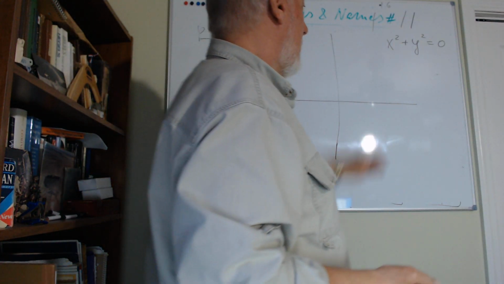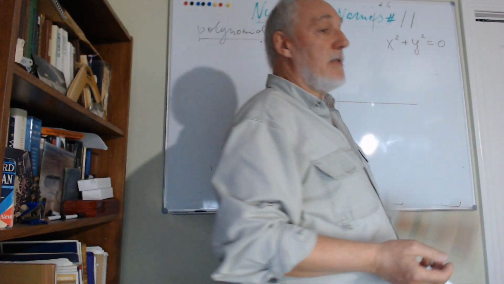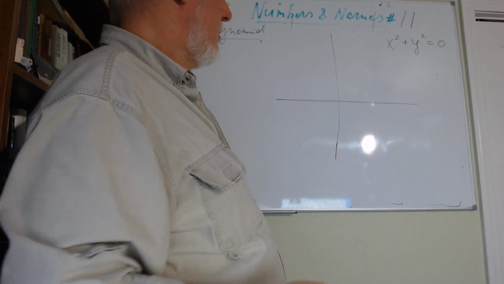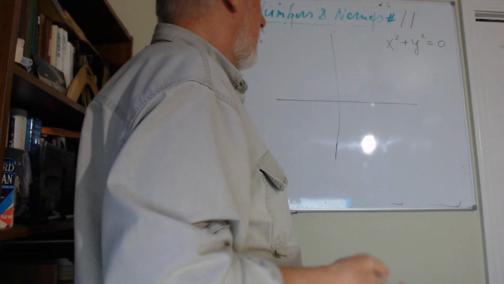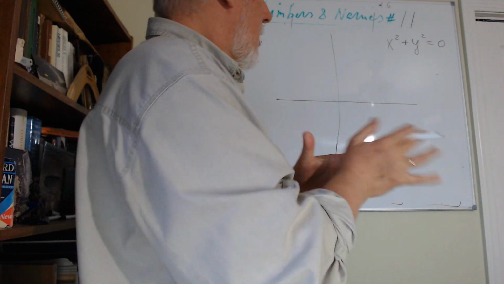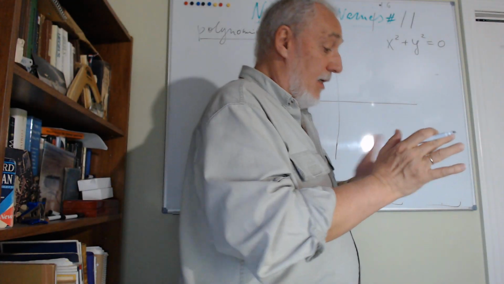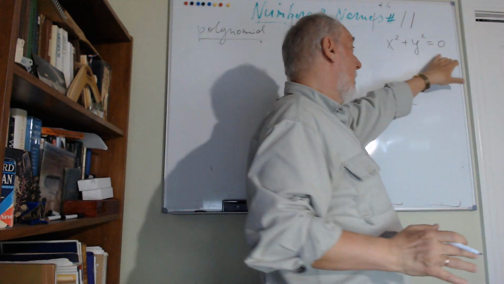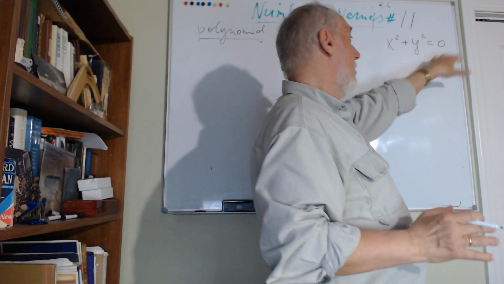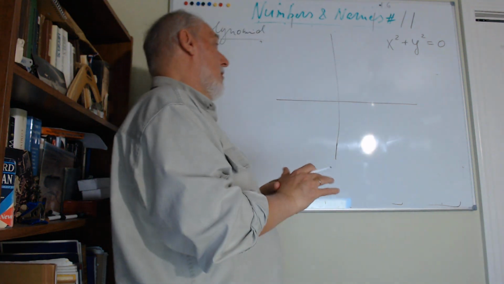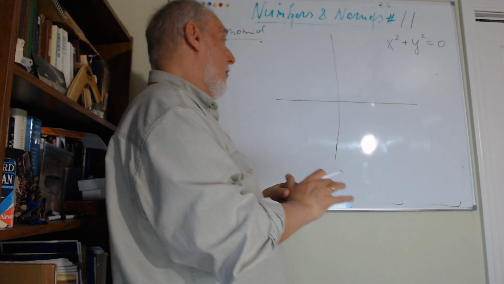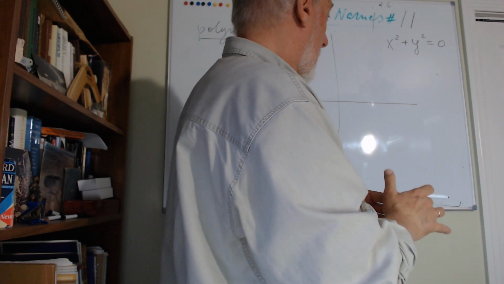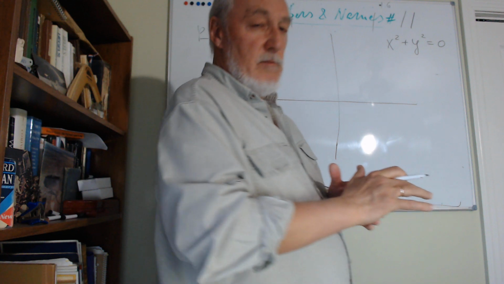What do you think? x squared plus y squared equals 0. It's an equation, so it should have some solutions. Some x and some y which give you this equality. Well, x and y would both equal 0 then. Equals 0. Something else? That's good.